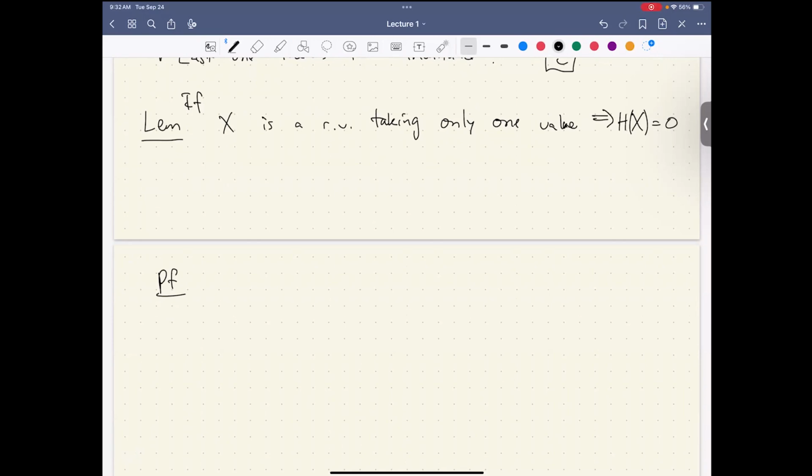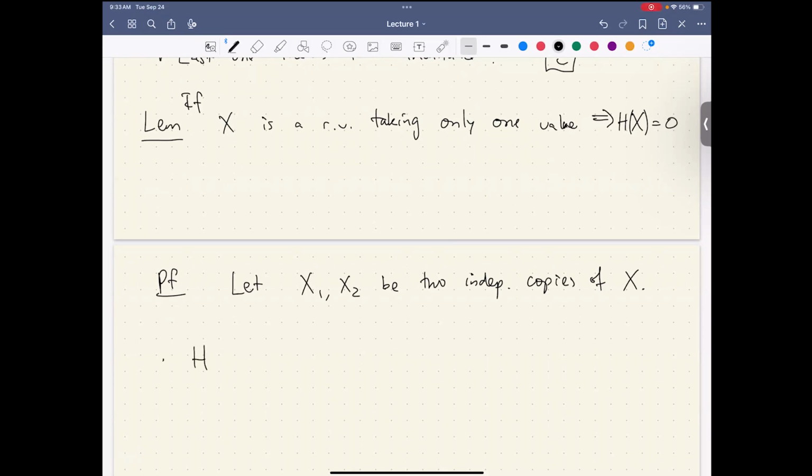How do we prove this? Using axioms. We consider two IID copies of X. Let X1, X2 be two independent copies of X. Okay, let's consider its joint entropy.